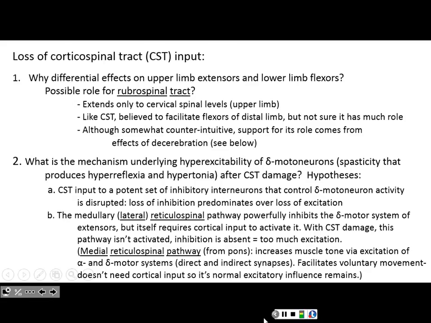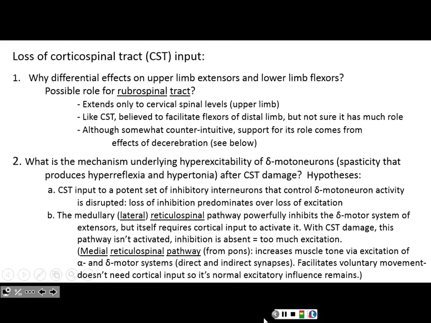So when you wipe out the corticospinal tract, you also essentially remove the lateral reticulospinal pathway from working correctly. And since that gives you a lot of inhibition, you've pulled out a whole lot of inhibition, and you get a hyperexcitable state. Okay? So when the corticospinal tract is damaged, you're changing the influence of several of these systems as they get expressed on the spinal cord.